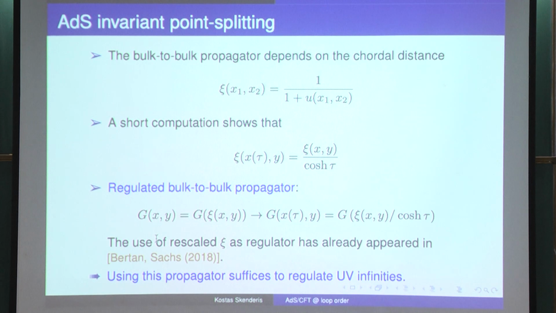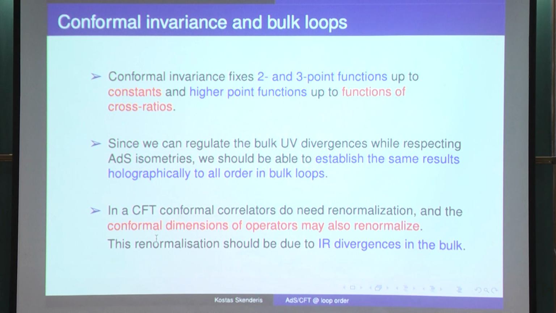Yes, exactly. And this type of regulator is enough to regulate the UV infinity. So as long as you regulate the propagator, that's all good. Okay, so now let's go back to generalities.